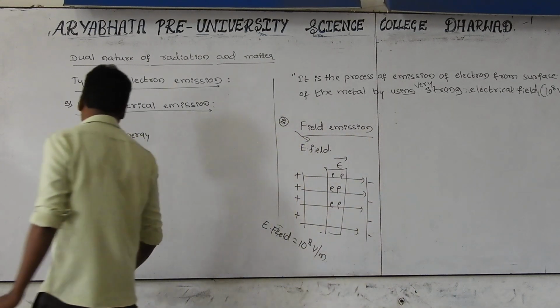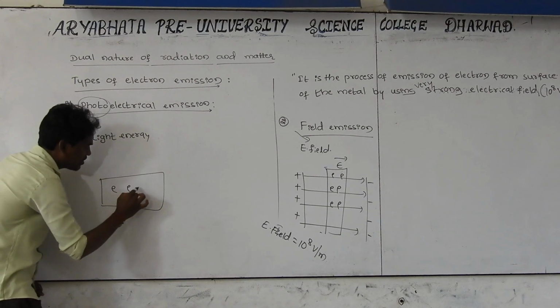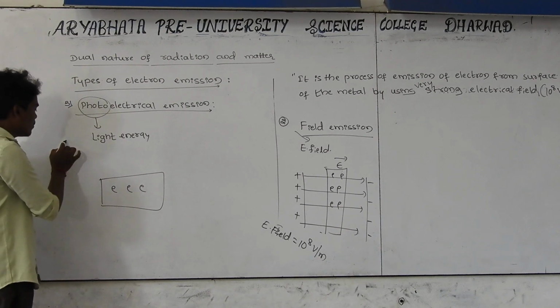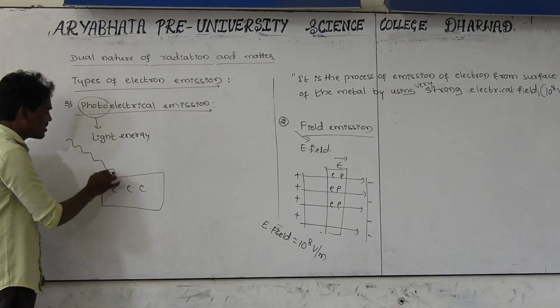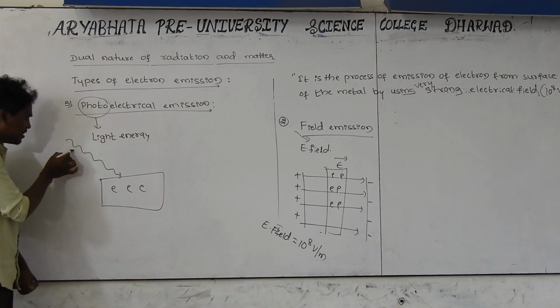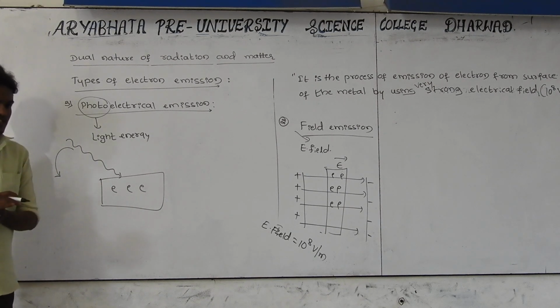Let us consider there is a metal. In order to emit the electron from the surface of the metal, we need to use some external energy in the form of light. But here one condition is there: this light must have some suitable frequency.